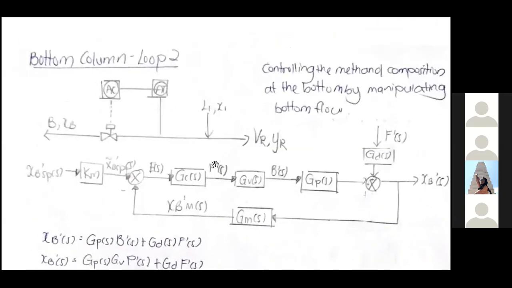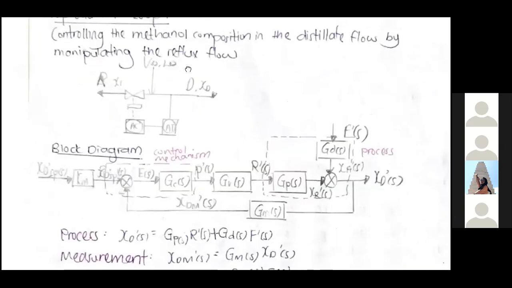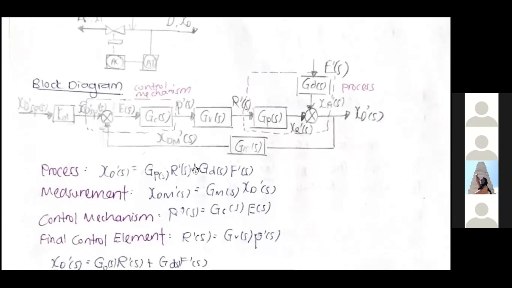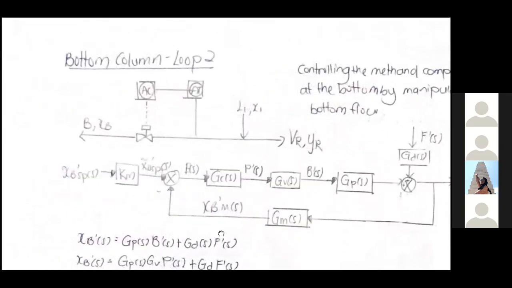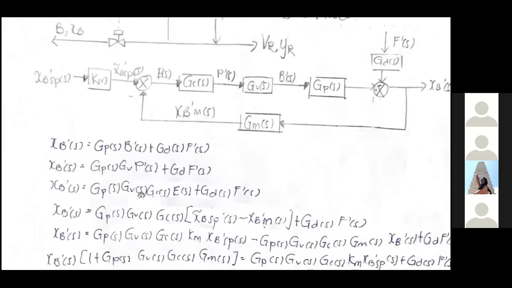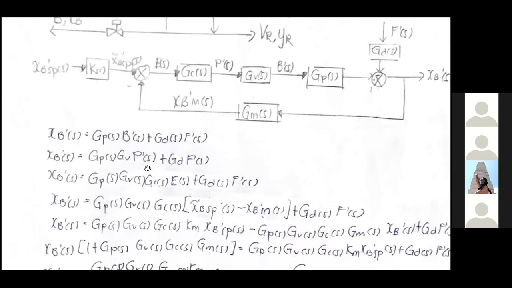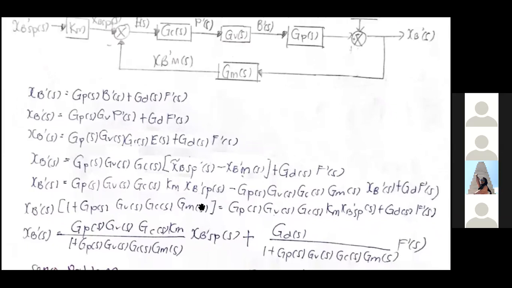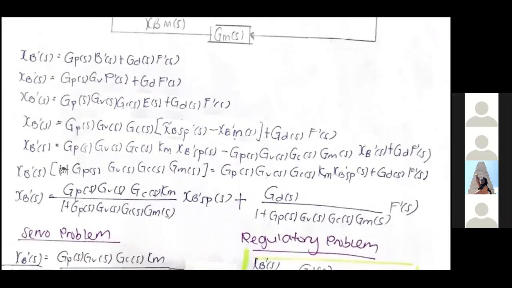Using the final control element, and moving on, you will get the P prime S, and you just substitute in what you have until you get the final equations.